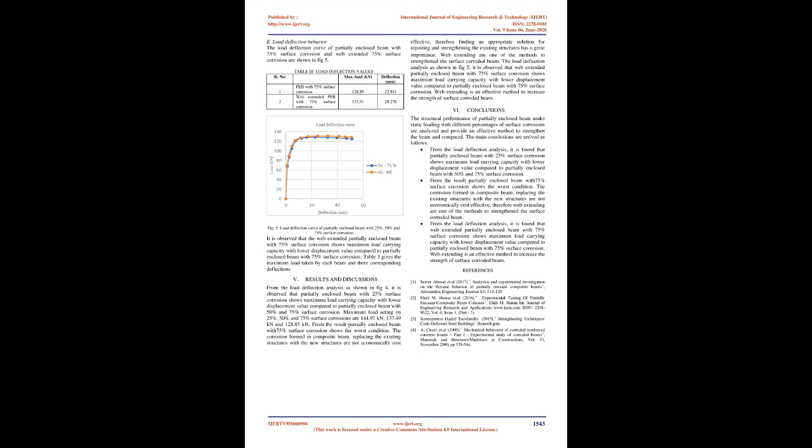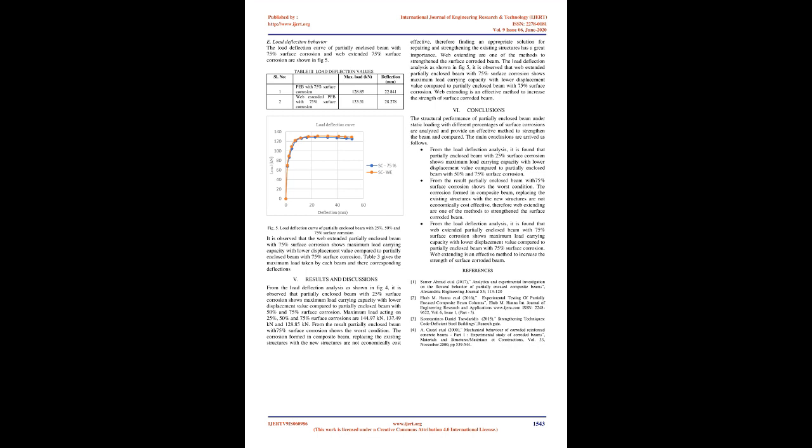Fig. 5. Load deflection curve of partially enclosed beam with 25%, 50%, and 75% surface corrosion. It is observed that the web extended partially enclosed beam with 75% surface corrosion shows maximum load carrying capacity with lower displacement value compared to partially enclosed beam with 75% surface corrosion. Table 3 gives the maximum load taken by each beam and their corresponding deflections.